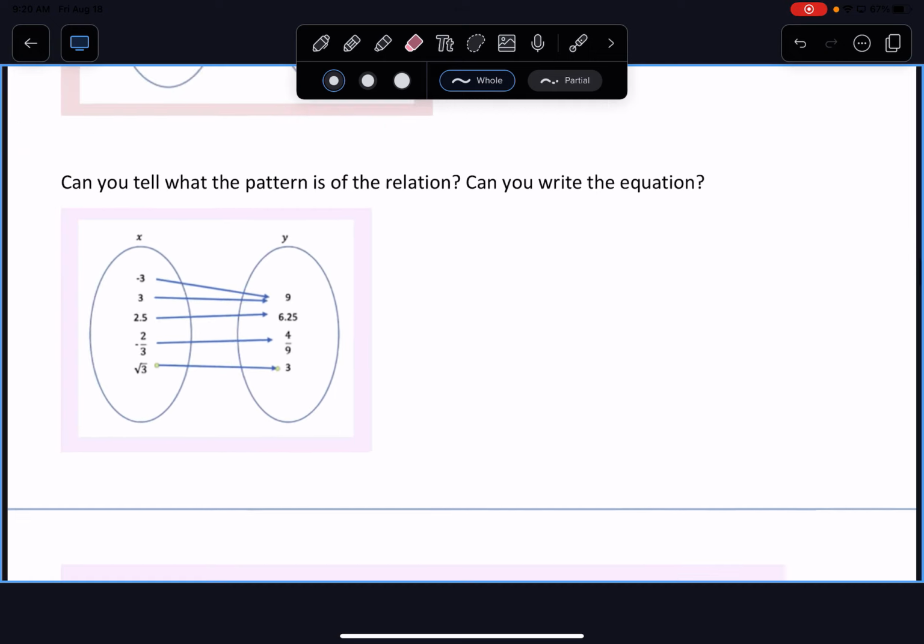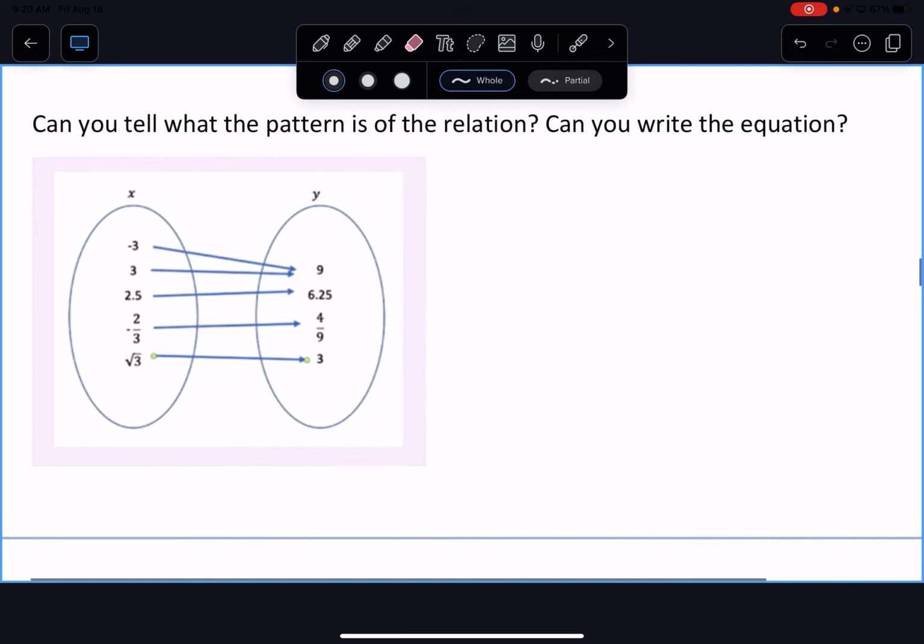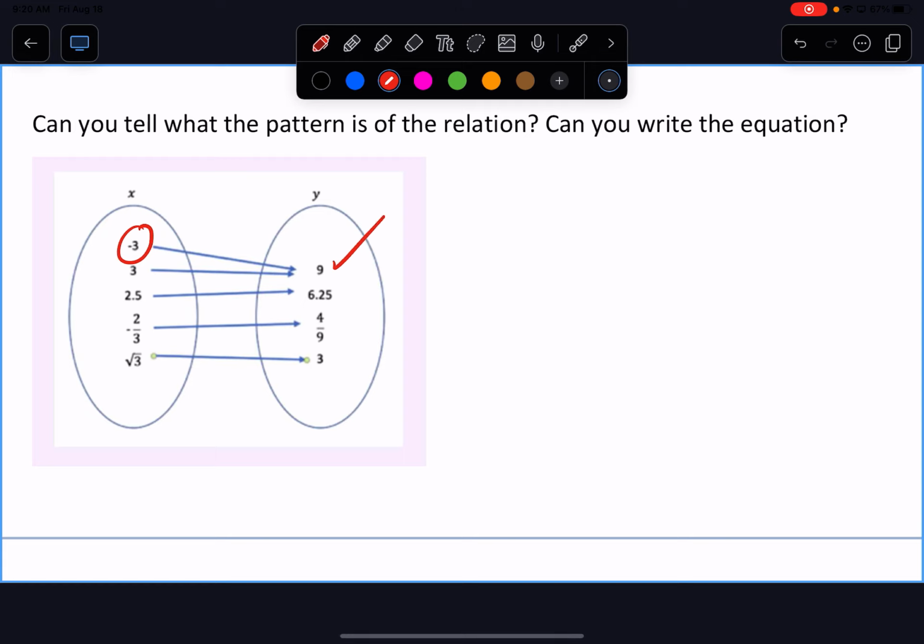Moving on. All right, now right here, just for fun, don't write it down, just curious, can you tell the pattern of this? So it's saying -3 becomes a 9. So negative 3 has something done to it and it becomes 9. How does negative 3 become 9? There's many ways, right?